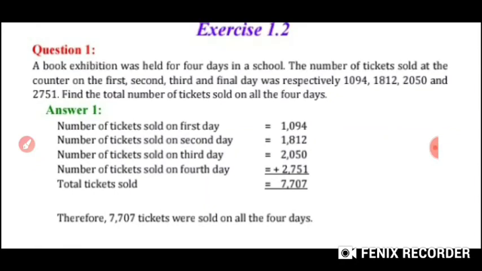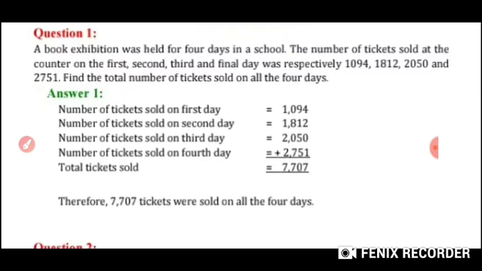Now exercise 1.2. Okay, I have given only a few examples. A book exhibition was held for 4 days in a school. The number of tickets sold at the counter on the first, second, third and final day was respectively 1094, 1812, 2050 and 2751.